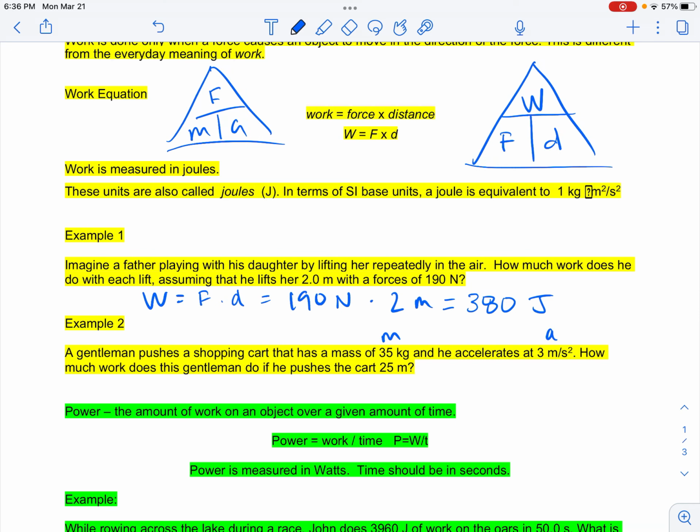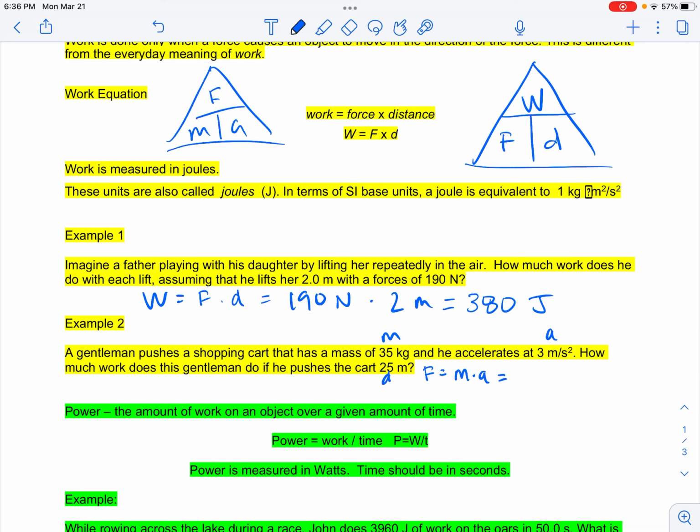So you have to do some extra work here with the mass and acceleration to find force, and then we're going to take that force and plug it back in over here to find the work, because we're also given the distance. The cart is moving 25 meters, so there's our distance. First we find force. Force equals mass times acceleration.